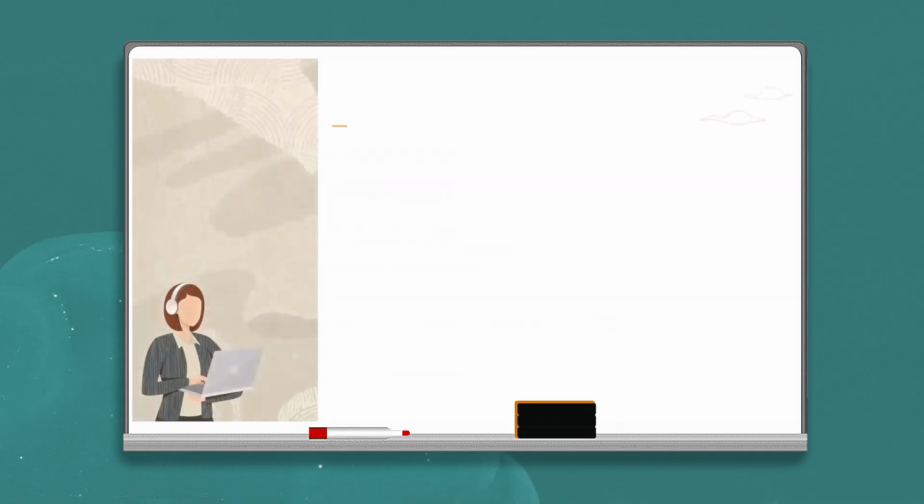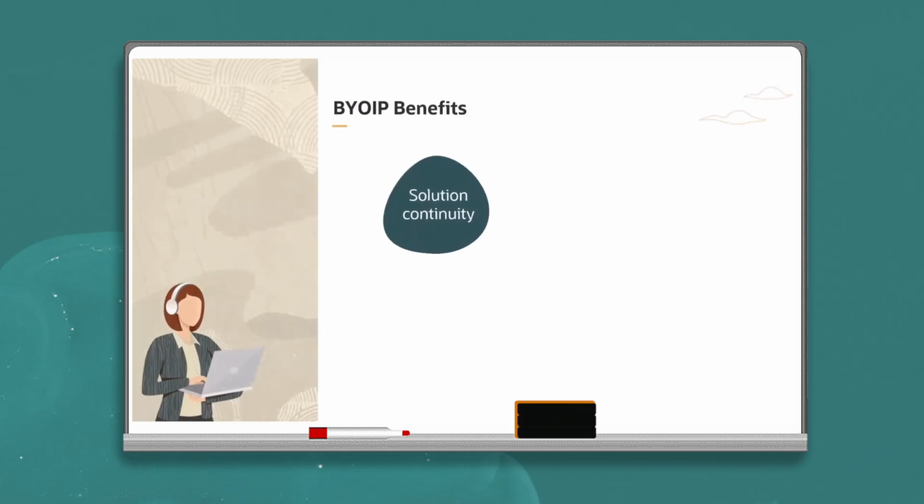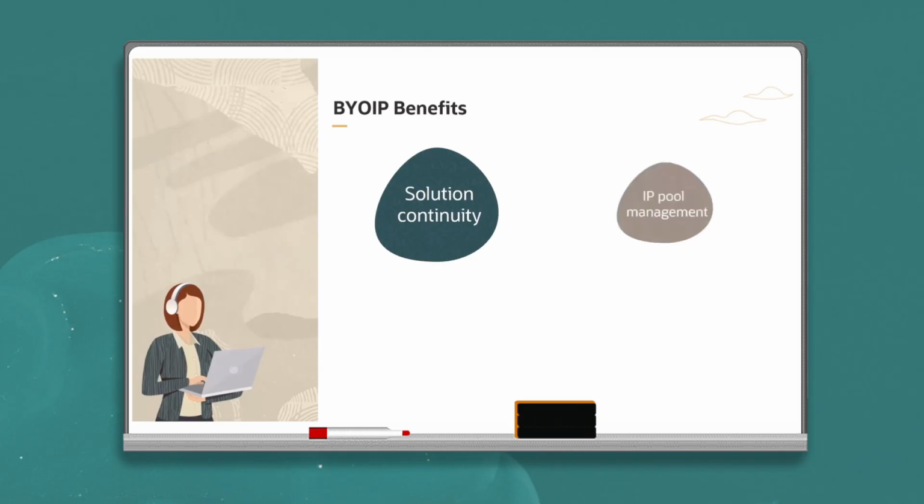So let's talk about the benefits of bring your own IP. The first benefit is if you have IP addresses hard-coded in devices or built architectural dependencies on specific IP addresses, using bring your own IP, you have a smooth migration to Oracle Cloud Infrastructure. So in a way, it brings solution continuity.